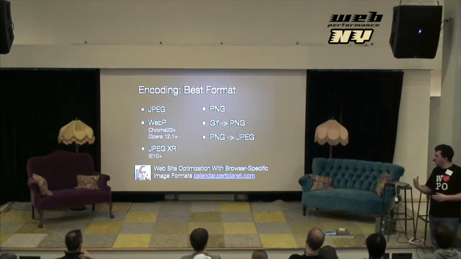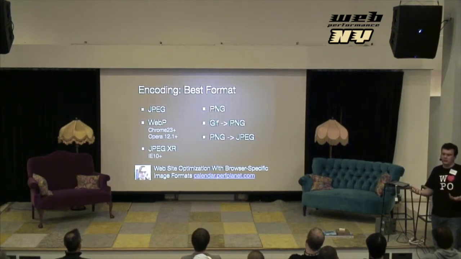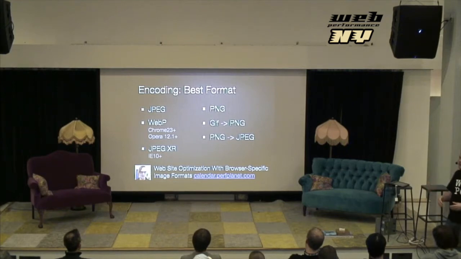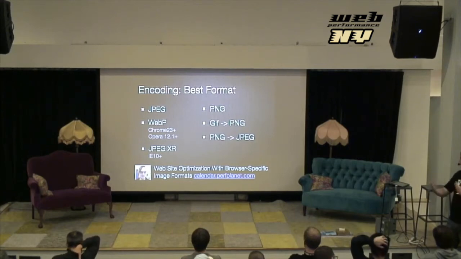It's kind of a new version of JPEG, and it is available in IE10 and up. So together, WebP and JPEG XR get there in terms of quantity, in terms of market share. So you might want to look at that. The trouble again is only particular browsers, so you probably need some real-time automation tooling to pick the right format.